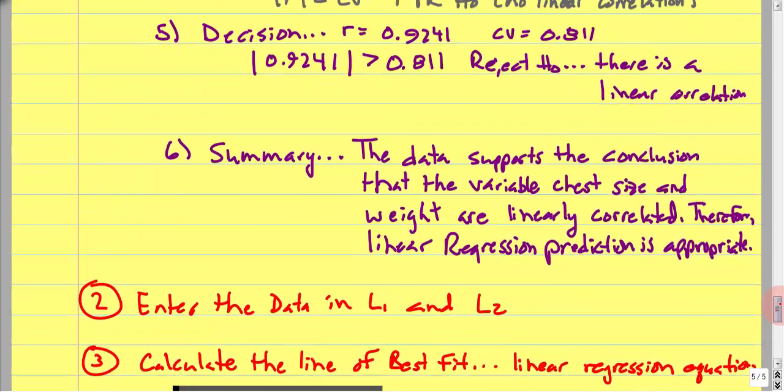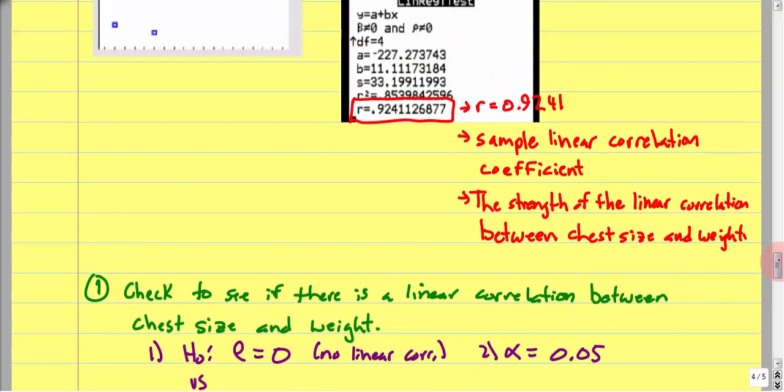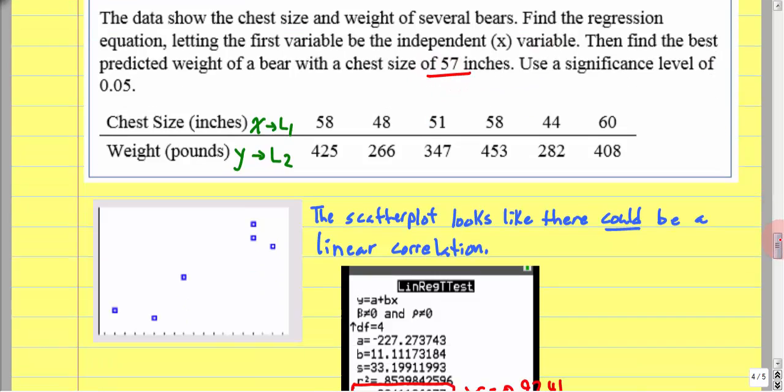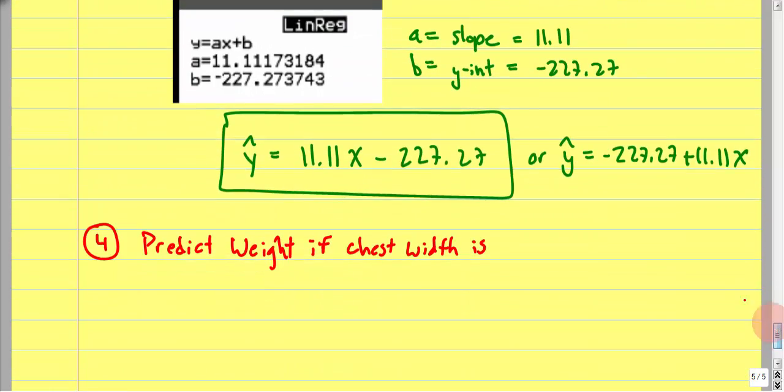So predict weight if chest width is, here it is finally, 57 inches. So we're going to come down here and predict weight if chest width is 57 inches. So this basically means x is equal to 57. So we can do that.